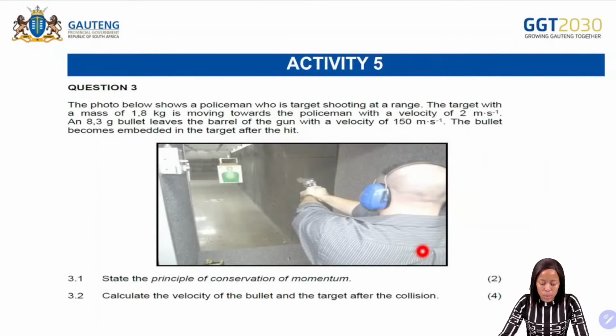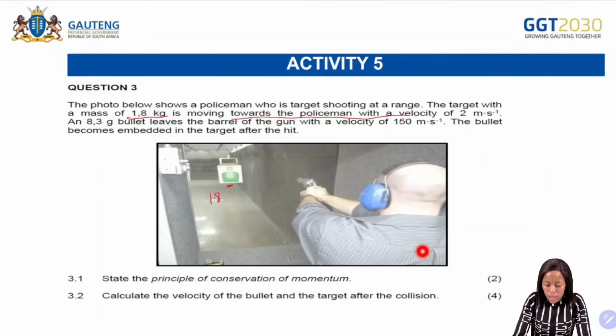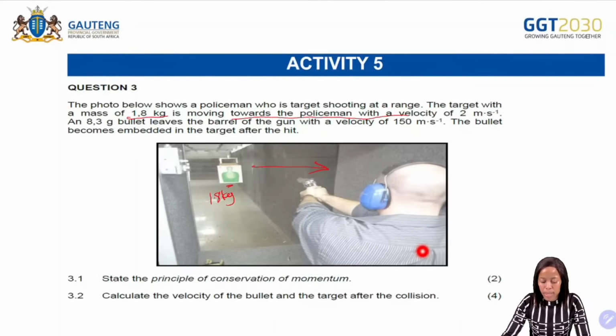Next one. The photo below shows a policeman who is target shooting at a range. The target with a mass of 1.8 kilogram is moving towards the policeman. So there's the target. Where is it moving? It is moving towards the policeman with a velocity of 2 meters per second.